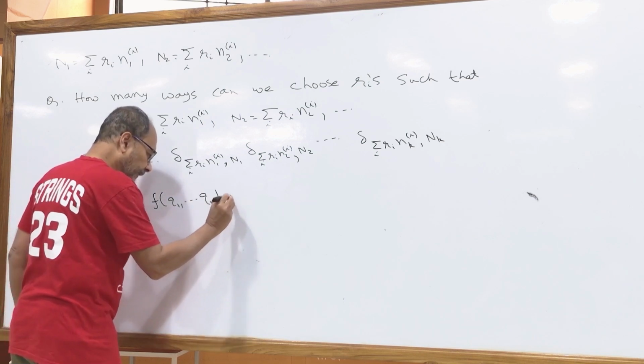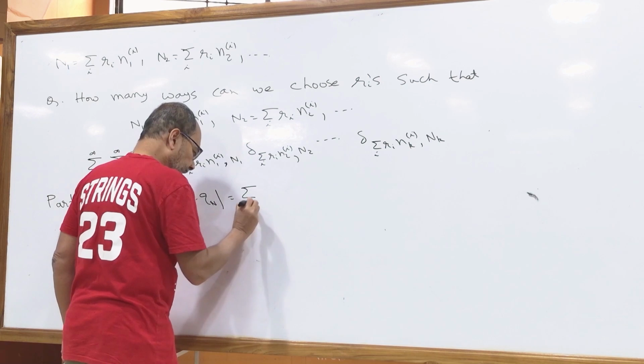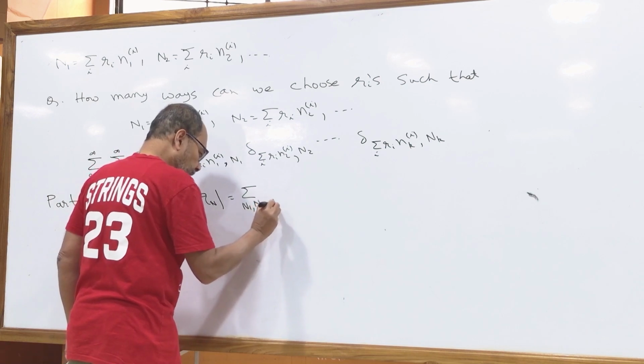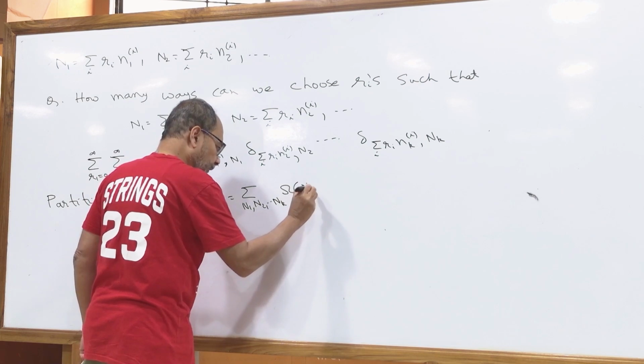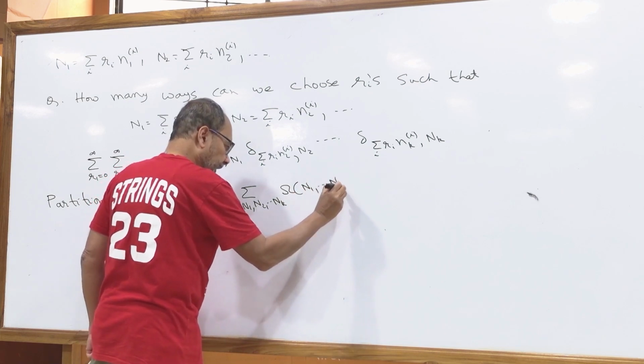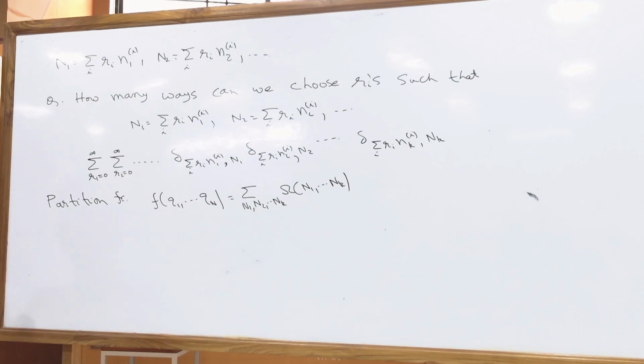The definition of F is the sum over n1, n2, up to nk of omega of n1 to nk. So I should have written this first. Is this visible?